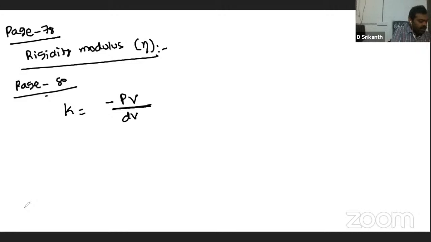Now the point of concentration is the bulk modulus. Suppose an object is at a depth h.